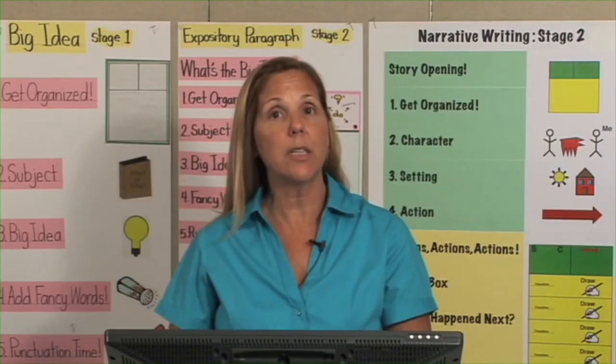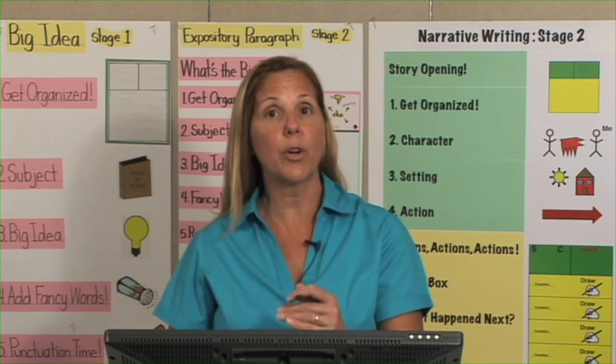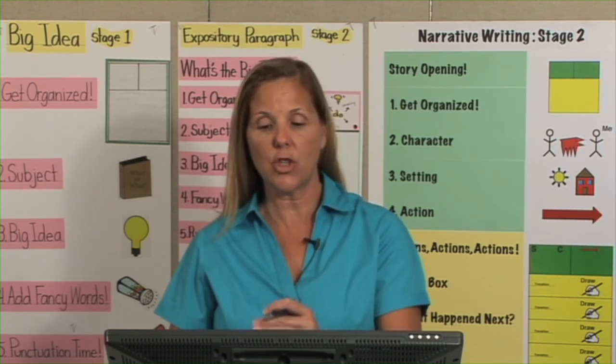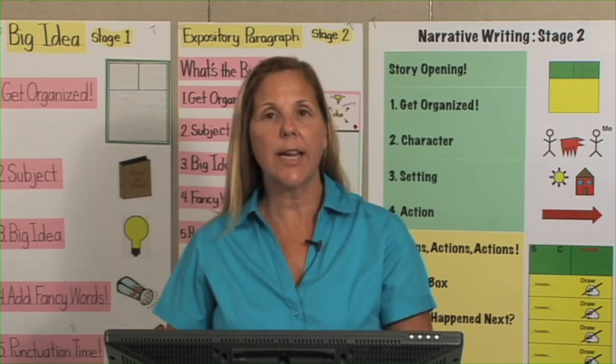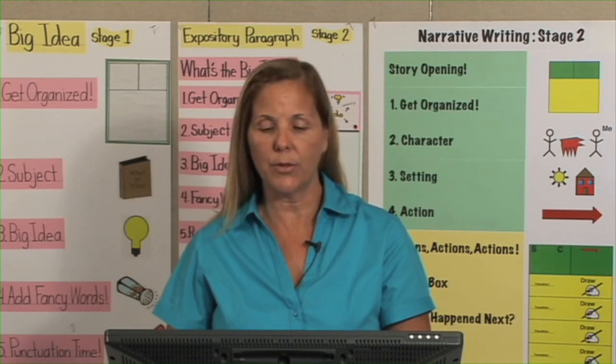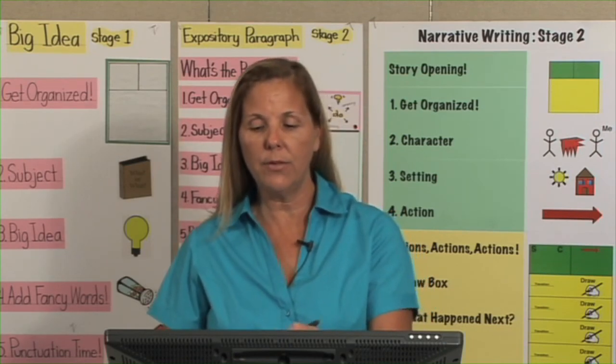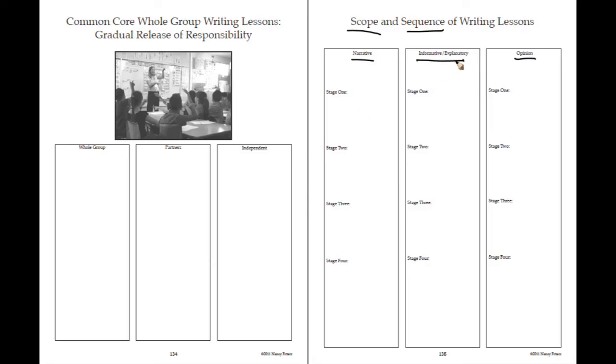All 3 of these genres have 4 stages each that you will use to teach your children how to write. Now let me assign the stages to your different grade levels. Kindergarten, for narratives, informative, explanatory, and opinion writing, you will only be teaching stages 1 and 2 for each one of those genres.